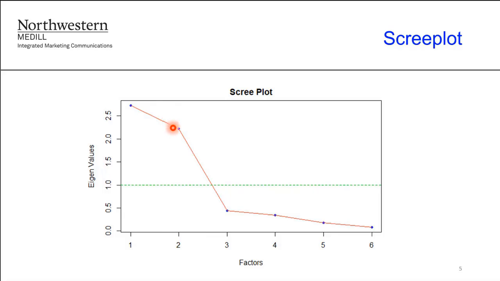So factor 1 and factor 2 have eigenvalues over 1. How about factor 3? Its eigenvalue is less than 1. So based on the Kaiser rule or the scree plot, we decide to have 2 factors for our factor analysis.